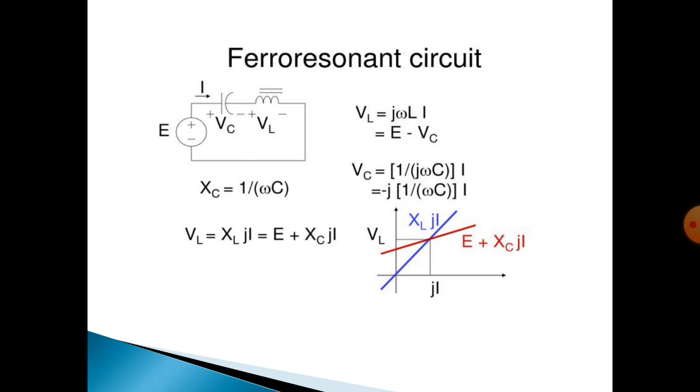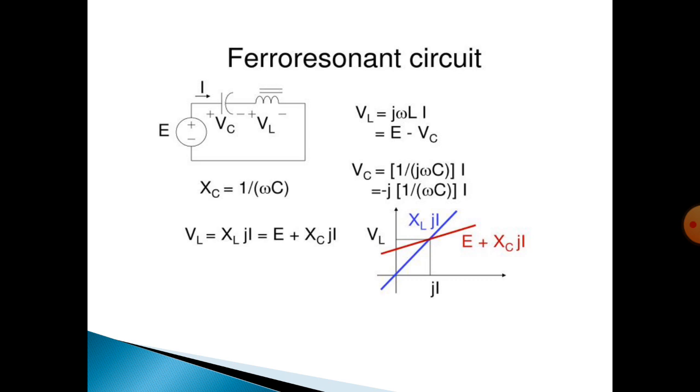This is the circuit of ferroresonance. Already I told inductance and capacitance are connected in series with supply voltage E. In this circuit, the voltage across the inductance depends upon the frequency omega and the current through a function f of I, which is a function of current. So VL is equal to omega into f of I, and this voltage leads the current by 90 degrees.